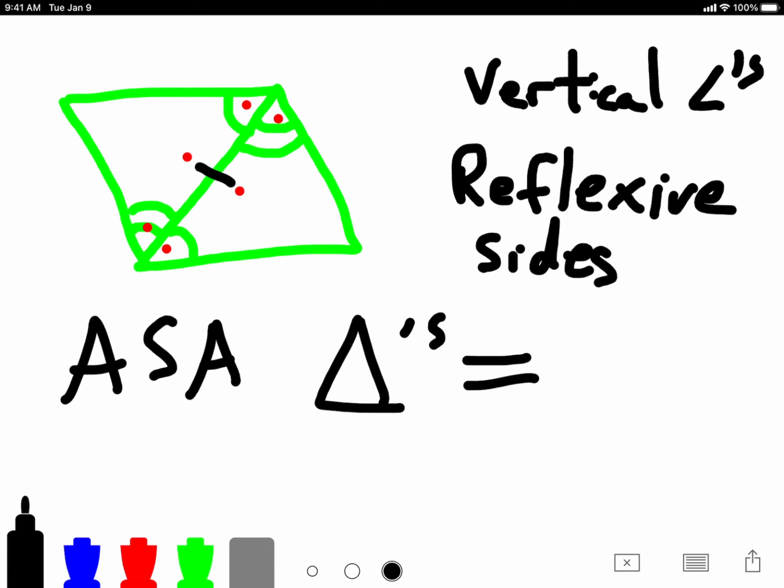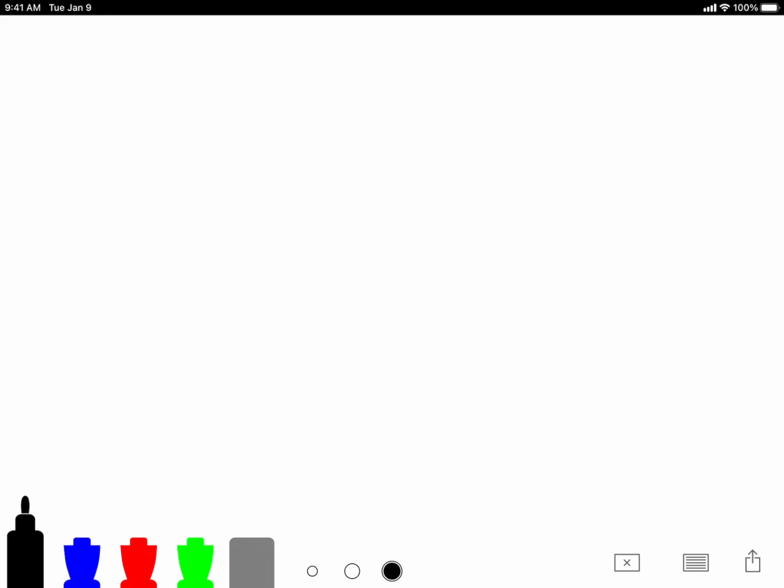The triangles are congruent by angle, side, angle. Okay, remember, actually, let's go ahead and do one more where you don't have enough information given. That way you can see what those are like.